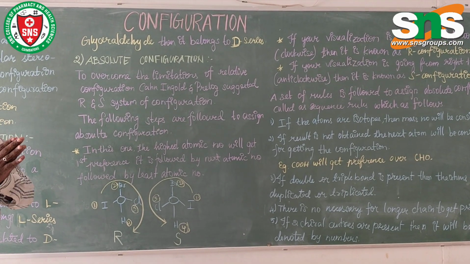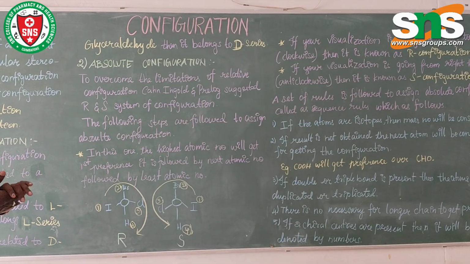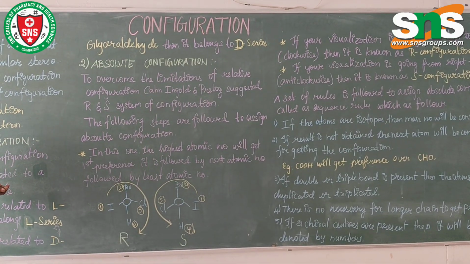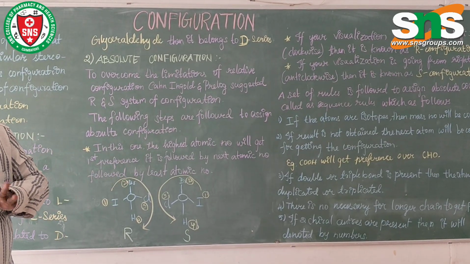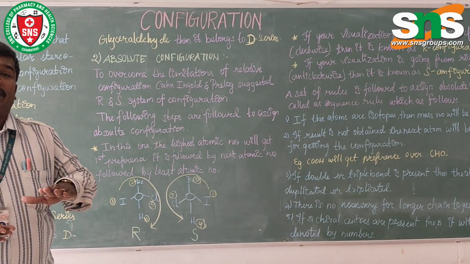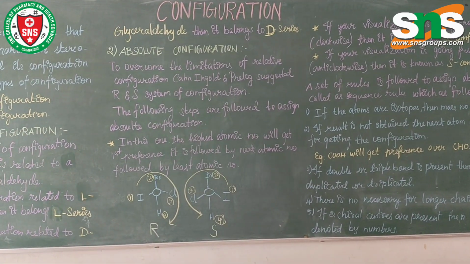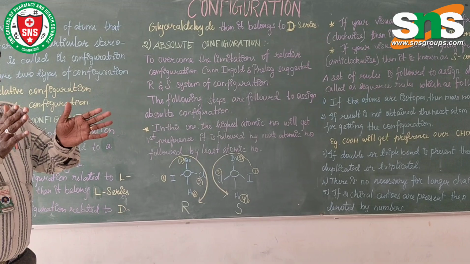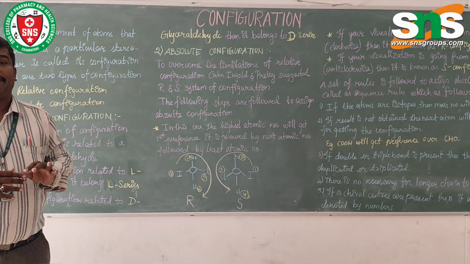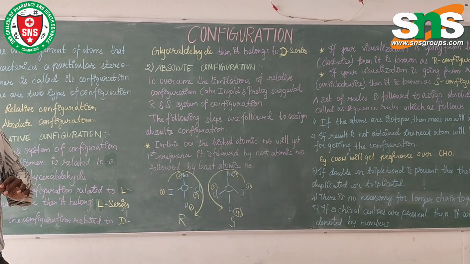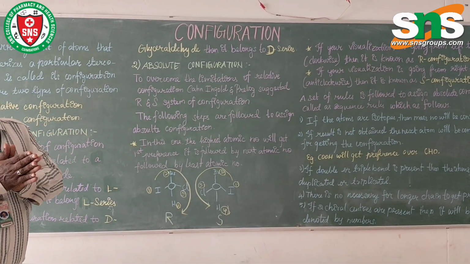To assign the configuration, we have to follow certain steps. What are the steps? First, the atom which has the least atomic number should be kept away from us. Next, we go for the atom which has the highest atomic number, then the next higher atomic number, followed by the next. Your eyesight should go in such a way.